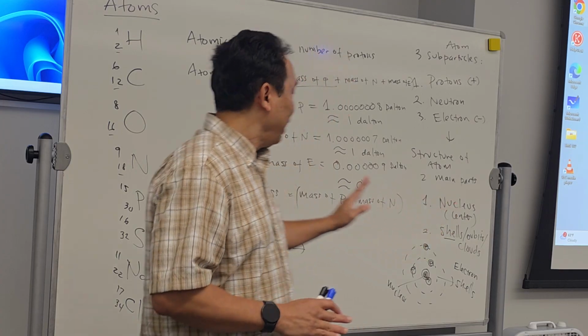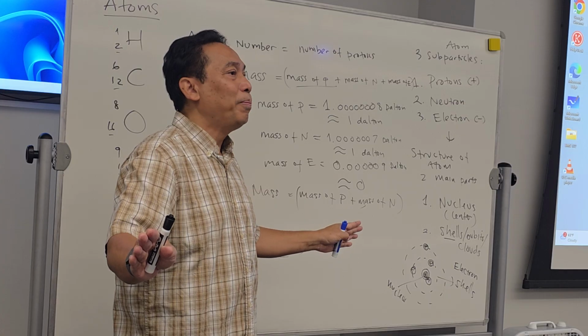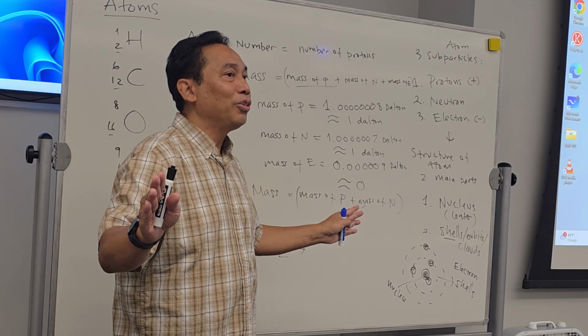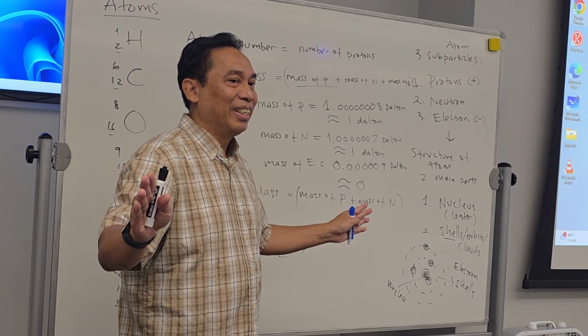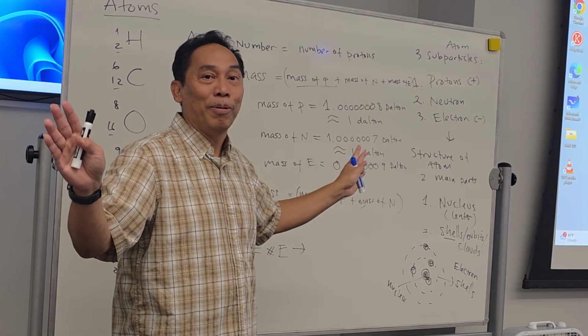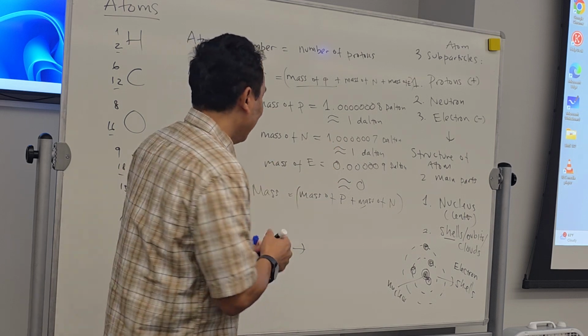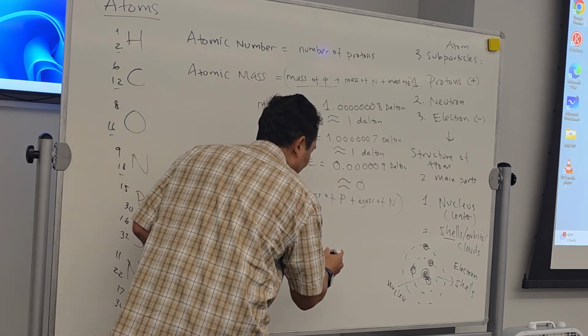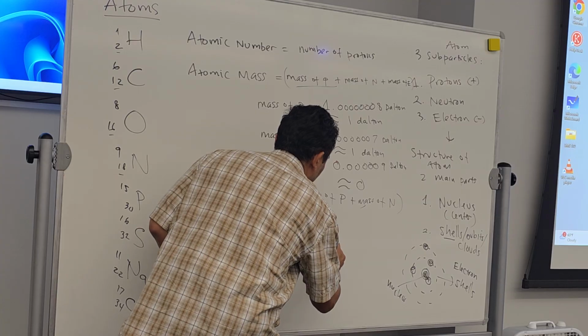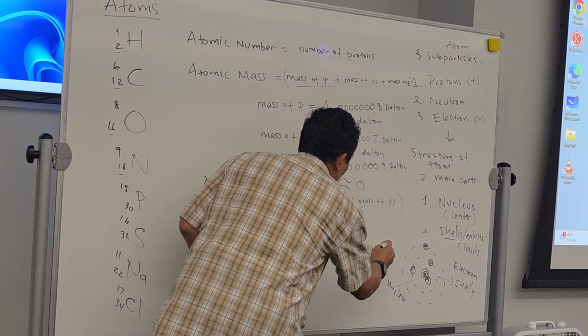So based on this, you know that any atom will be charged or neutral? It will always be neutral, because positive and negative are the same. Okay? They kind of erase one another. Right? So this means that each atom is actually neutral.